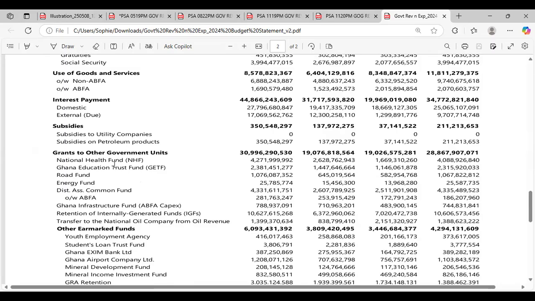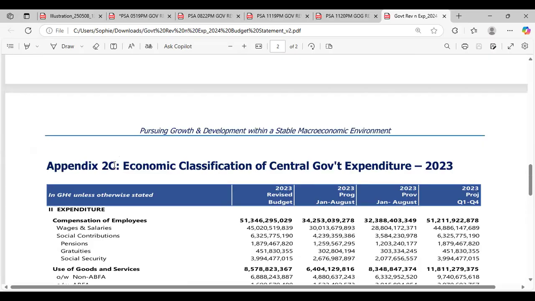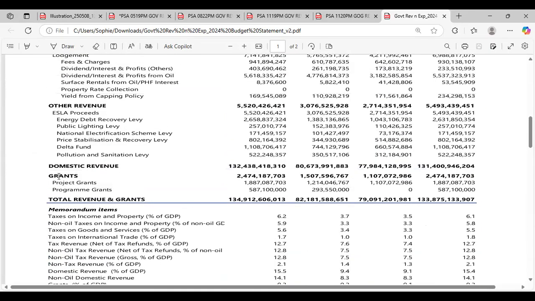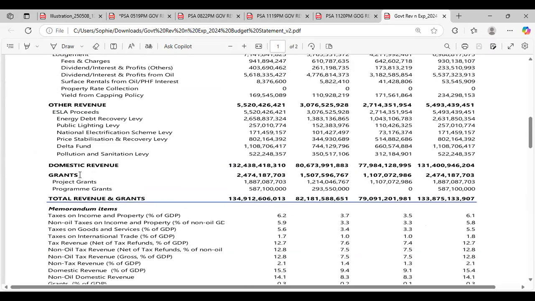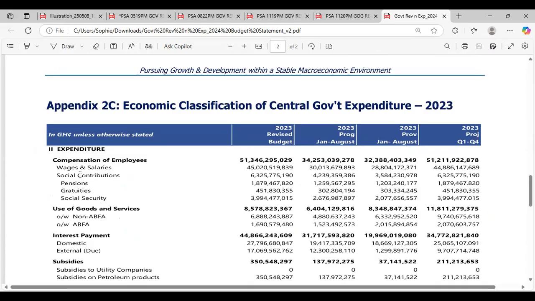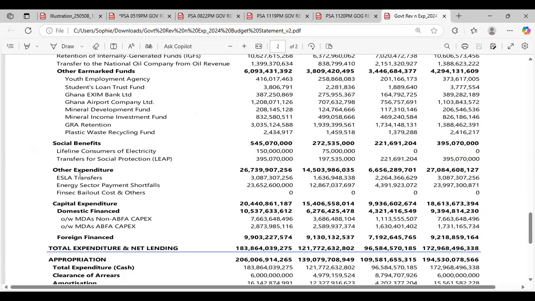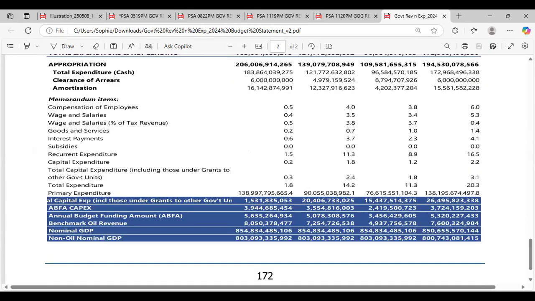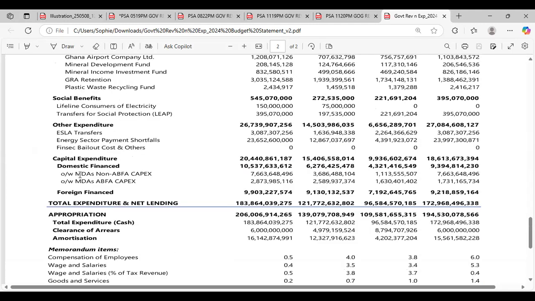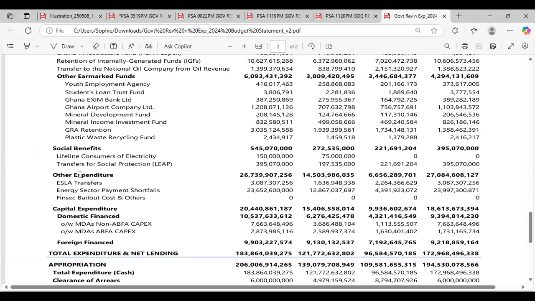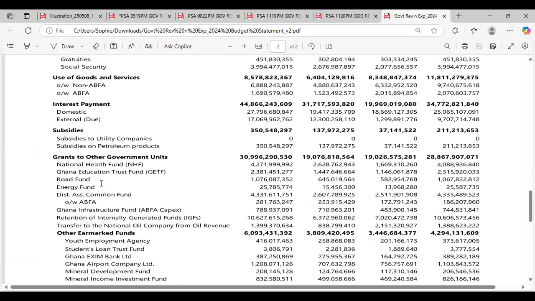Now, one thing about grants is that sometimes it can be a revenue, as government receiving grants, and it can also be an expenditure, as government giving out grants to either its affiliate institutions or external institutions. So other expenditure, grants and other government units.